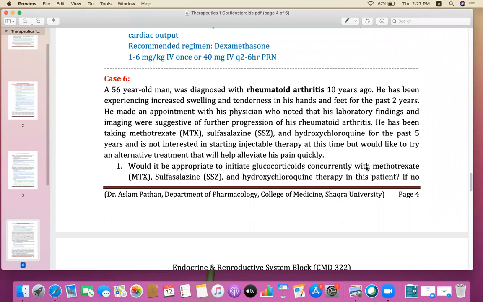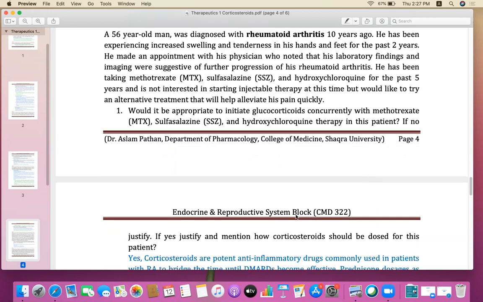The question is, would it be appropriate to initiate glucocorticoids concurrently with methotrexate, sulfasalazine, and hydroxychloroquine therapy in this patient? If no, justify. If yes, justify and mention how corticosteroids should be dosed for this patient.